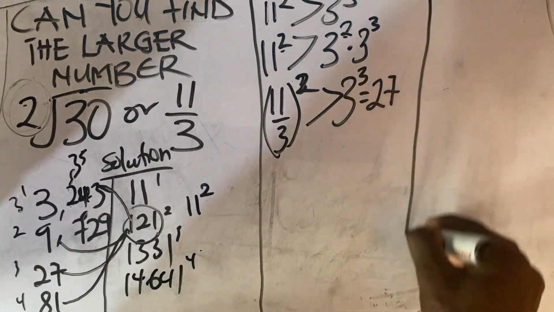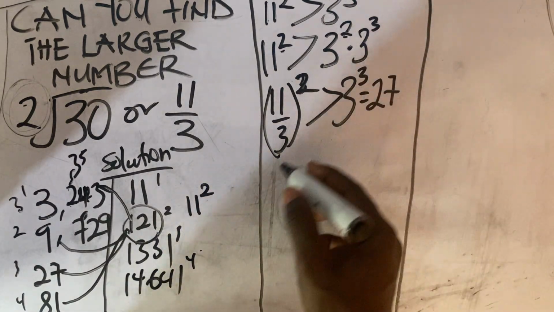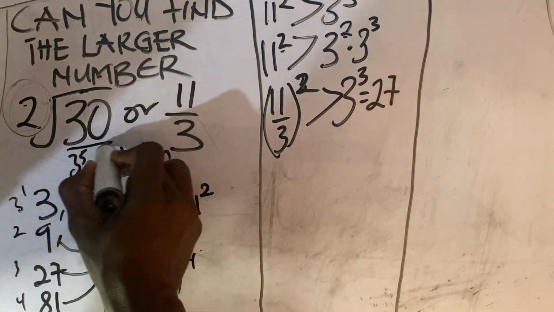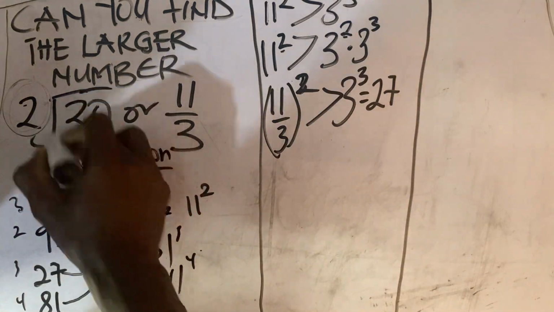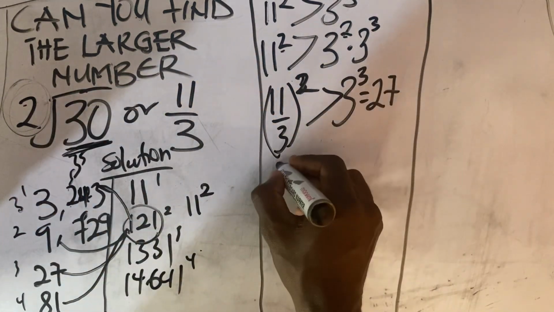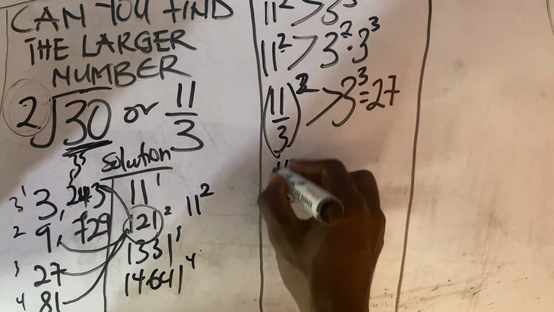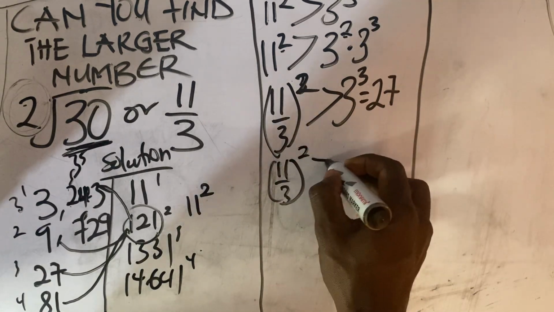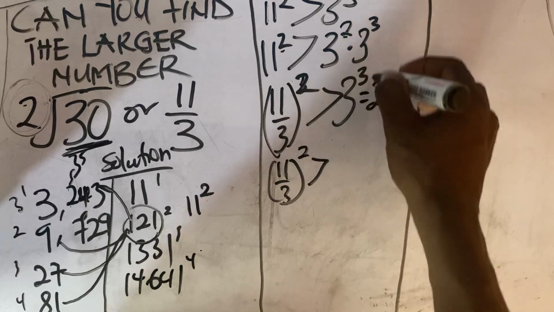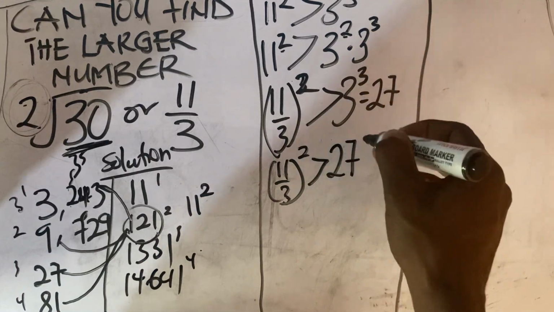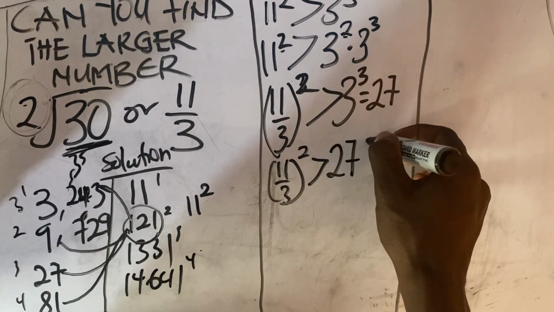Now we have the square root of 30 over here. But remember, 11 over 3 raised to the power 2, we said that is greater than. So I'm replacing this with 27.